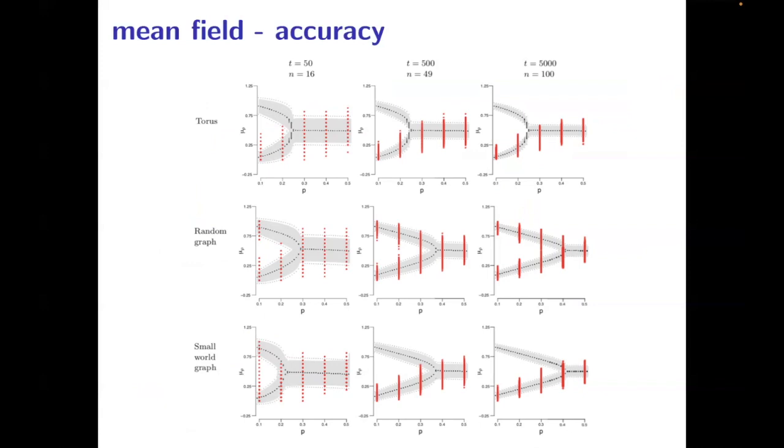And of course, we didn't know if the real world networks were actually random graphs, but some seem to be associated with small world, so we did model fit, and it seems to be a good representation. Depending on the size of the time series, so this is 50, 500, 5,000 time points, you see that it holds up reasonably well.